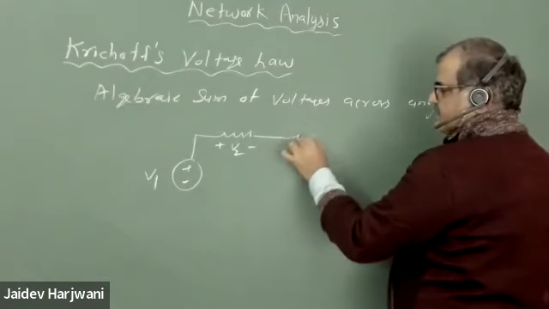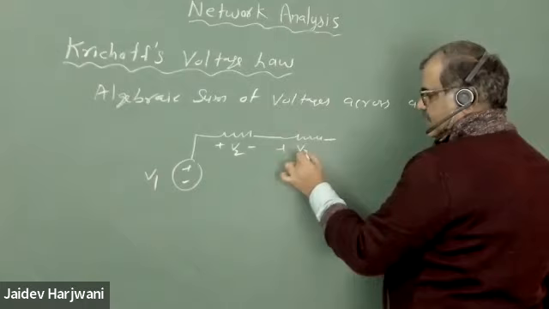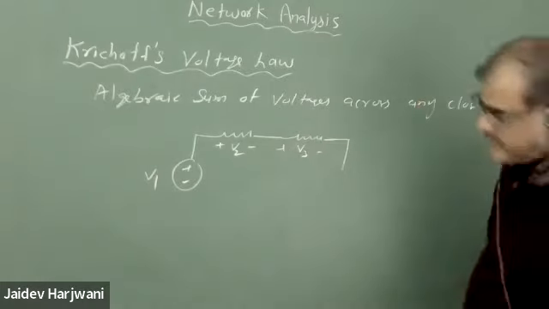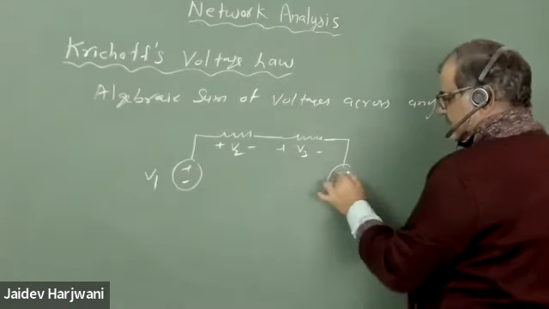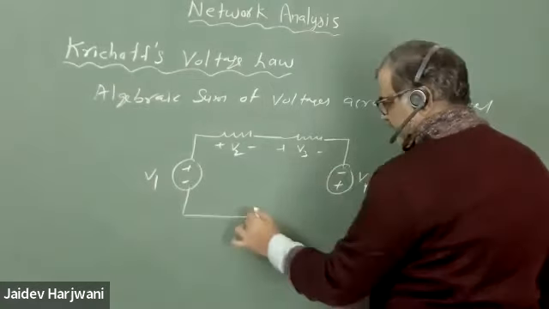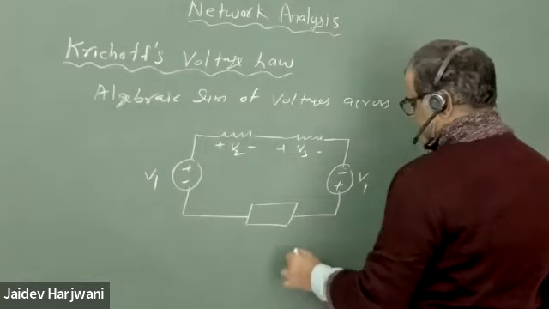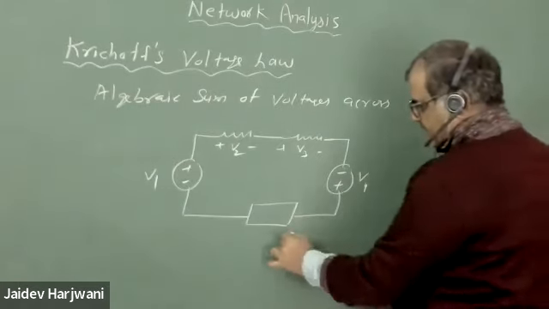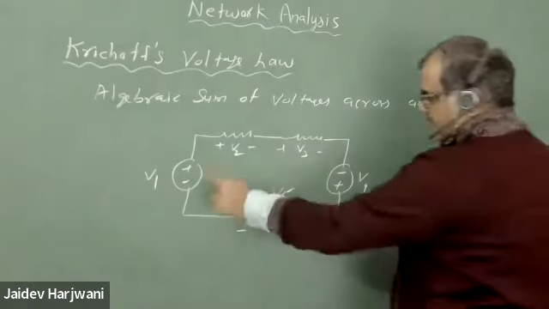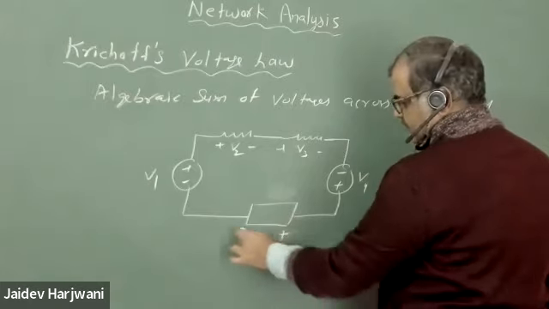I have one more resistance where I'm getting some voltage drop, V3, and I am putting one more source here in the opposite direction, this is my V4. I also have an element in the circuit with a voltage drop, again here, V5, with plus to minus.